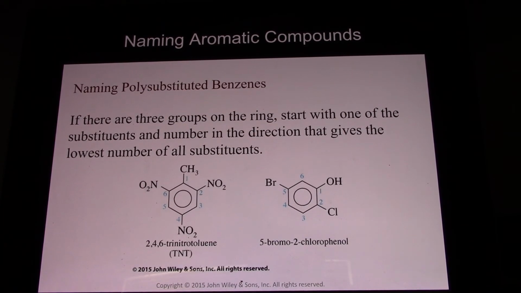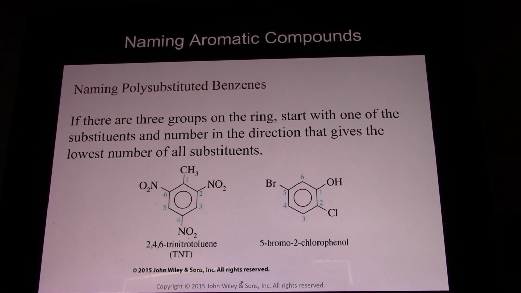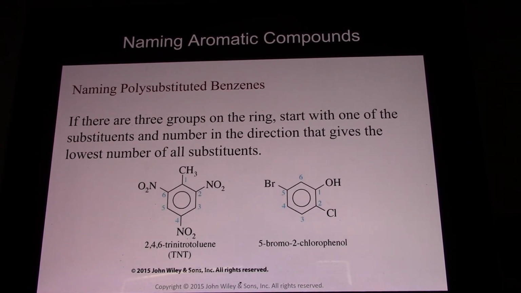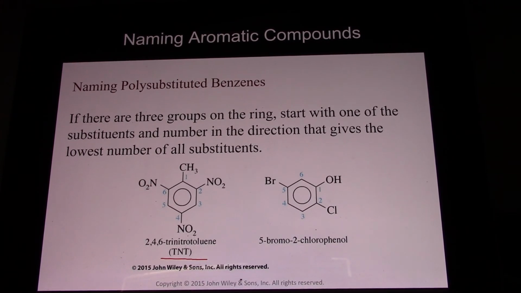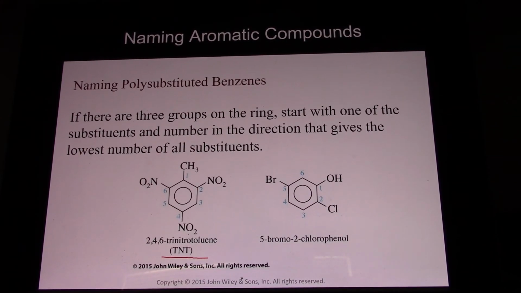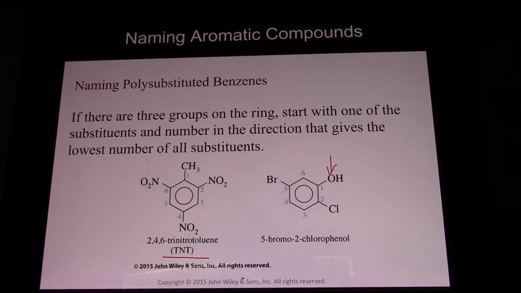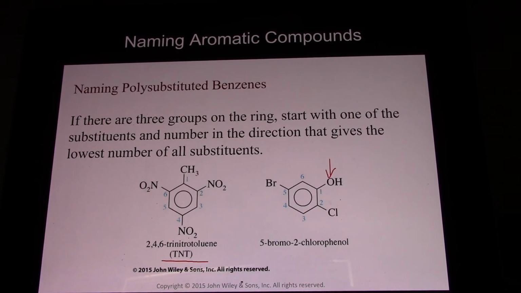Naming polysubstituted benzenes. If there's more than 2 substituents, now we use numbers, and you always try to get the smallest numbers. Here is 2,4,6-trinitrotoluene, which is TNT, an explosive. Here we have 5-bromo-2-chlorophenol. Again, if there's a specially named one, that is the parent compound, and the numbers are chosen to have the smallest numbers.